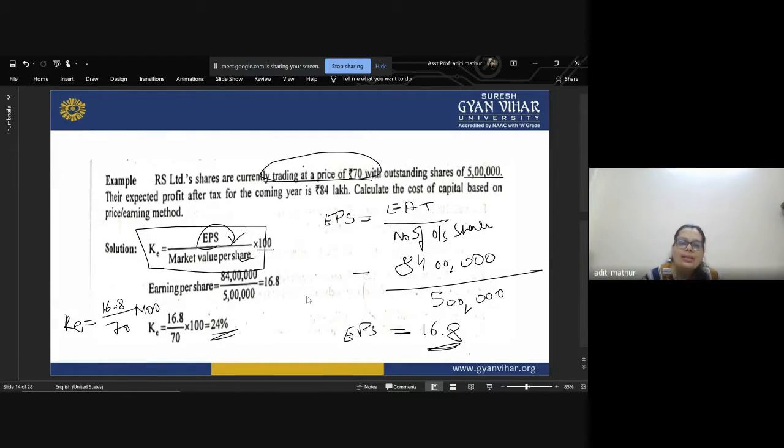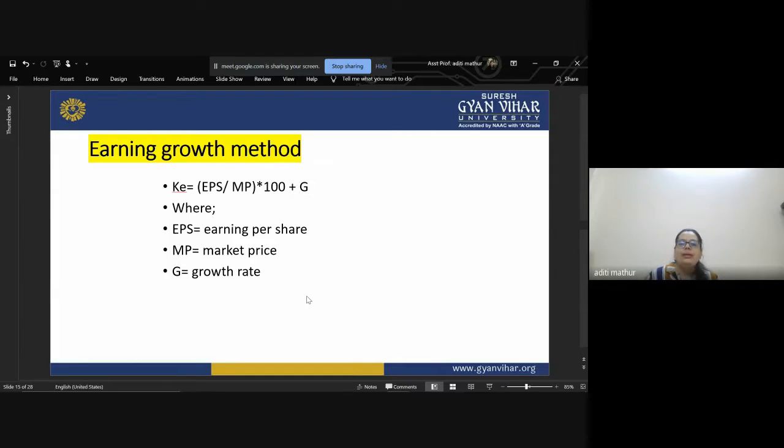Right? So now let us discuss another method through which we calculate the cost of equity, which is the earning growth method. As the name suggests, with the earning formula, you are going to just add the growth rate which is associated with the security, and you will get the cost of equity.